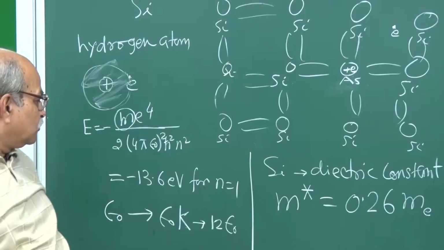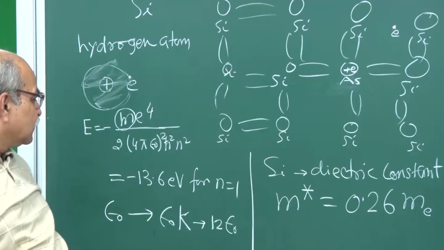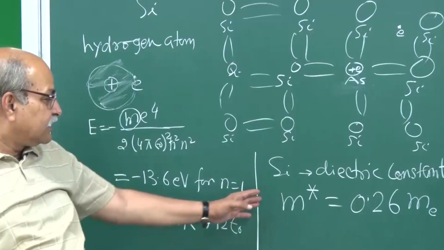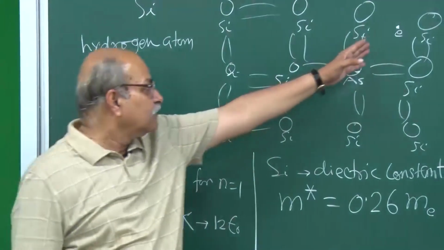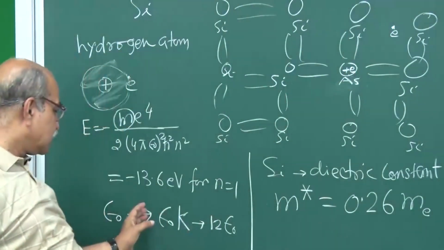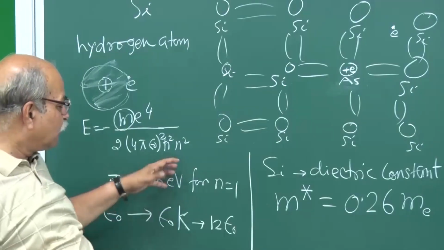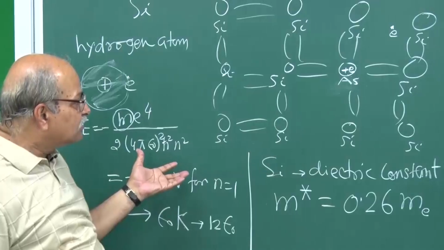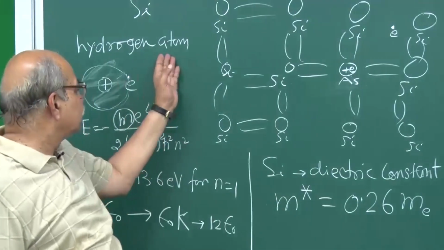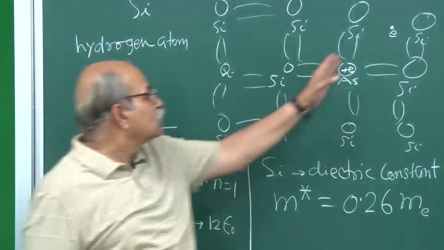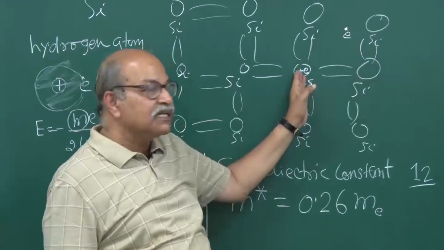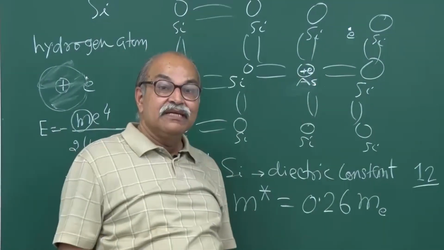So if you do the calculation, you can get what will be the energy of this particle. Here it was minus 13.6 eV, and 13.6 eV was needed for removing this electron from the field of this. If I want to remove this electron from the field of this, how much energy will be needed?